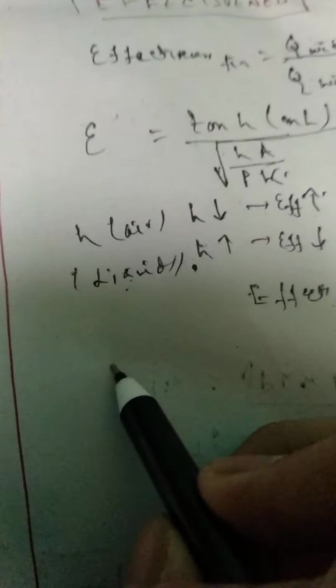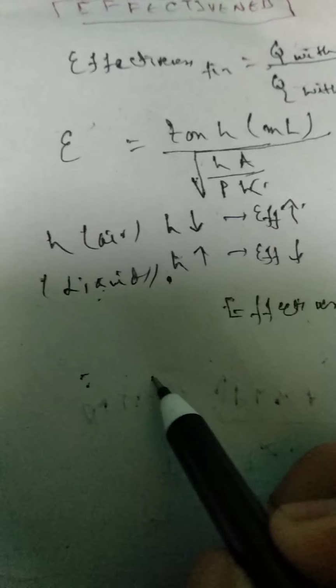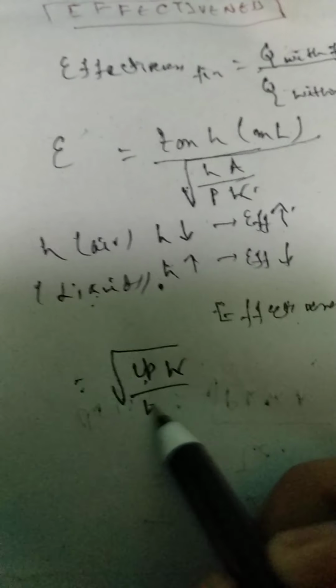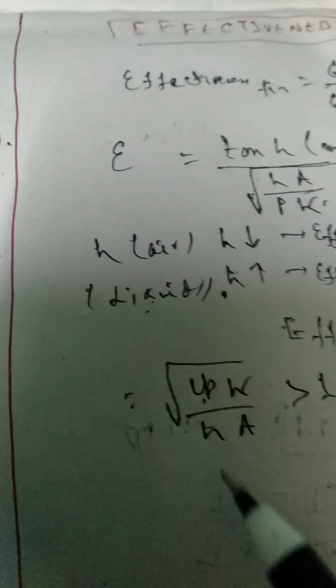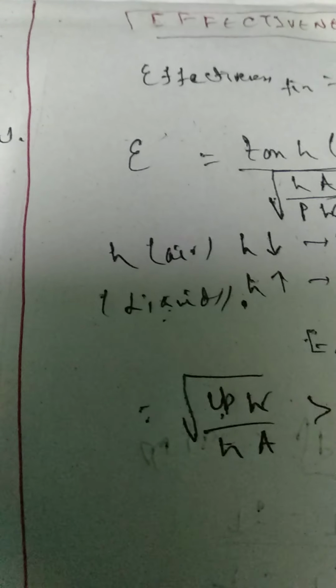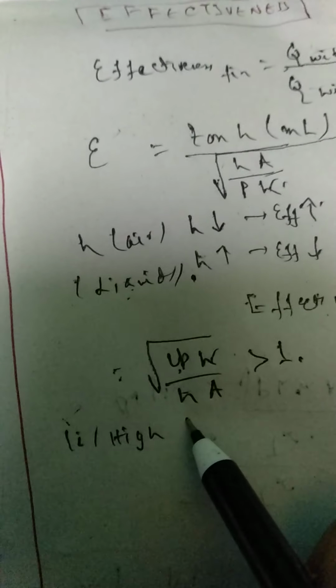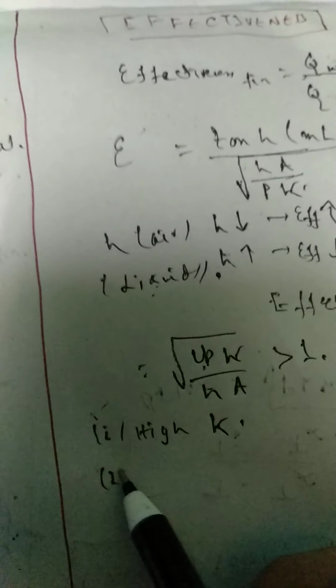So this is all about fins, and some simple important points are these. For effective heat transfer, the value of Pk by hA should be greater than 1. So the fins generally should have very high thermal conductivity. Secondly, they should be thin and closely spaced.